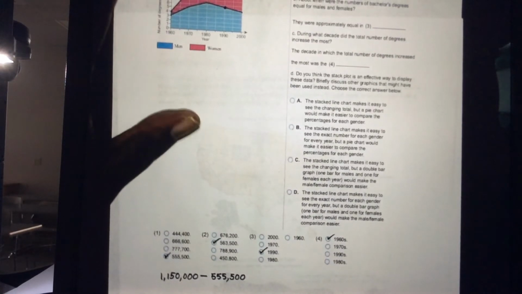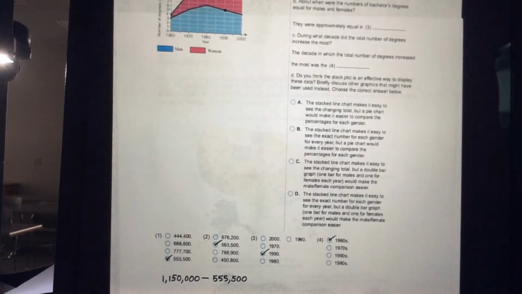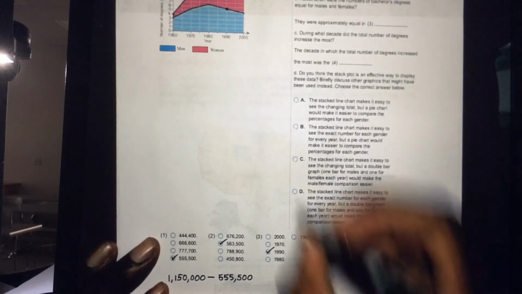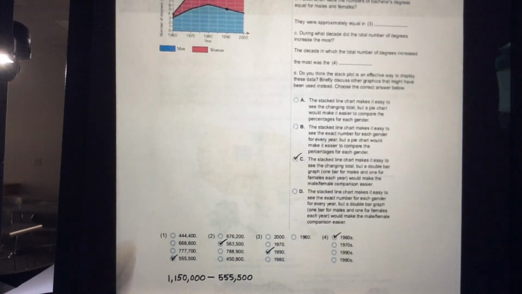Now, part D, do you think that the stack plot is an effective way to display these data? Briefly discuss the other graphics that might have been used instead, and choose the correct answer below. Well, by looking at this, I would say, while the stack chart makes it easy to see the changing total, a double bar graph would be better, because with this you can make a male-female comparison of the two.